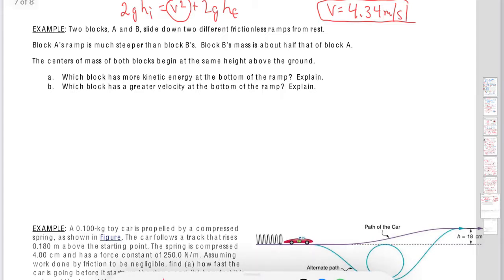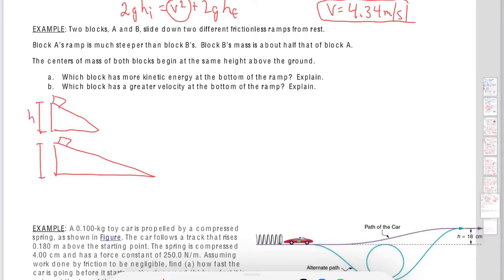So if I'm drawing my picture, Block A's ramp is much steeper than Block B's, and they're leaving from the same height. They're saying that the mass of B is 1/2 that of mass A, so B is going to be smaller.